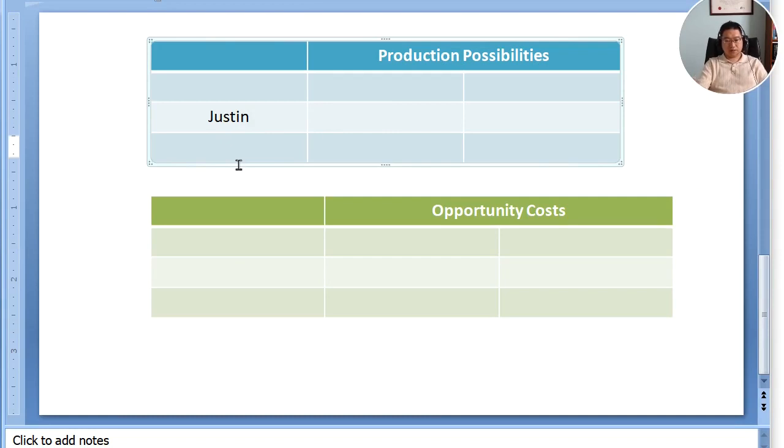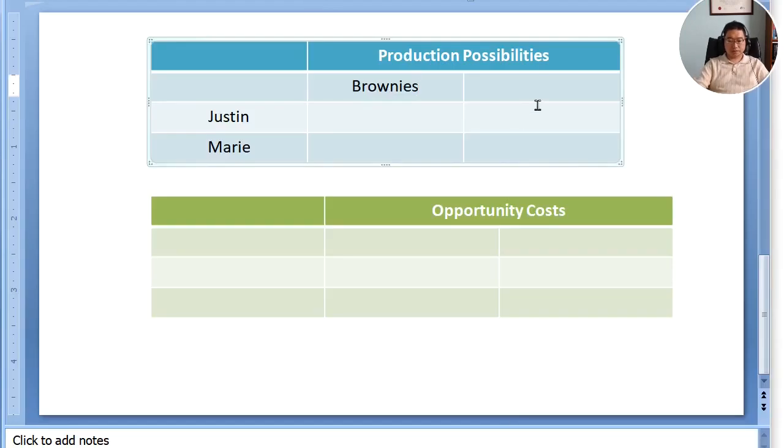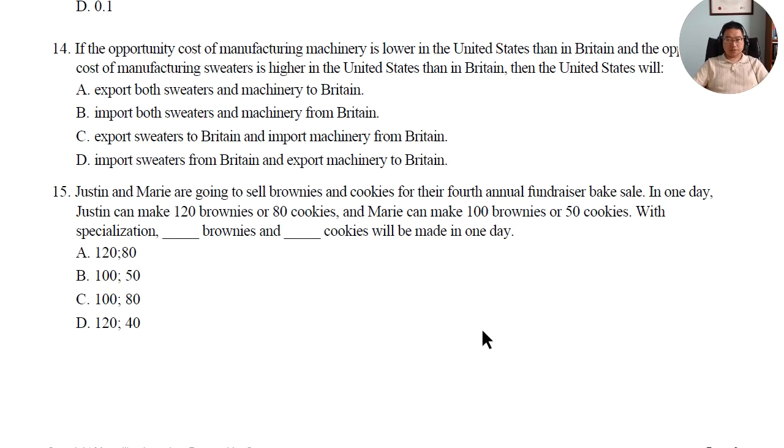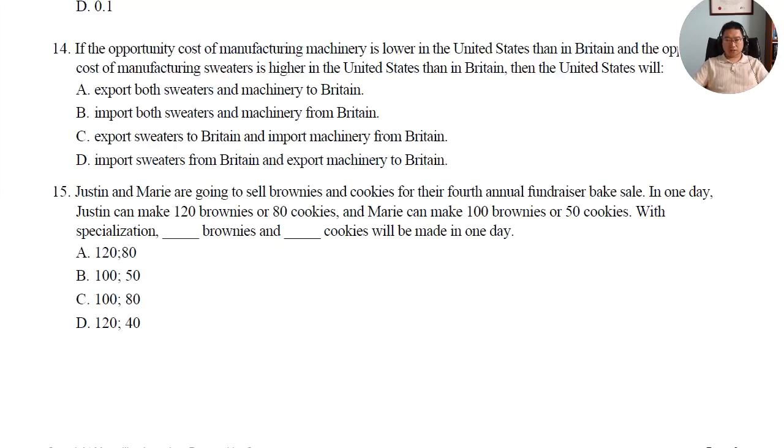And then we have brownies and cookies. Okay, so Justin, 120 brownies, 80 cookies. And then Marie, 100 brownies and 50 cookies.